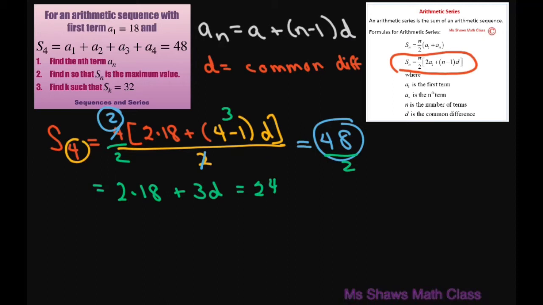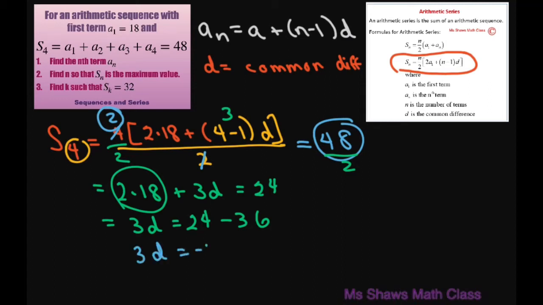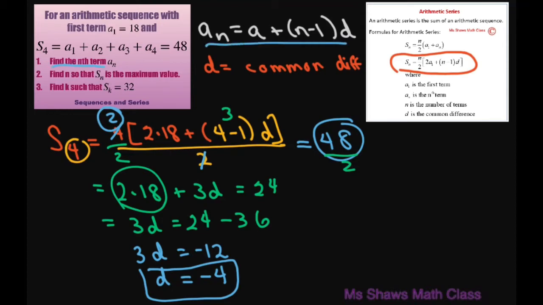So 3d equals 24 minus 36. Therefore, we have 3d equals negative 12, so d equals negative 4. That's your common difference.